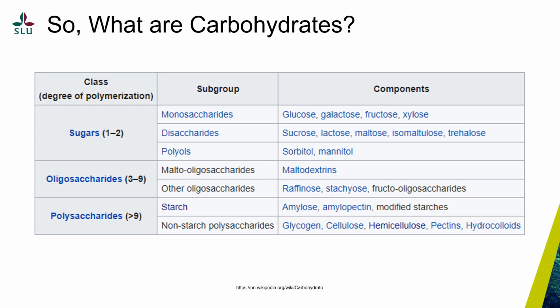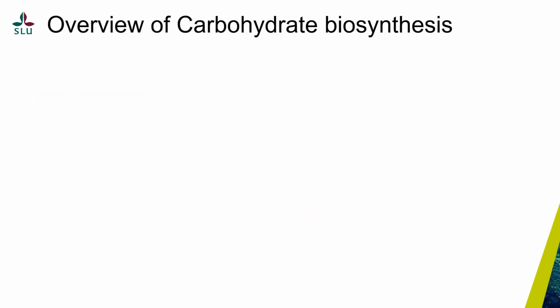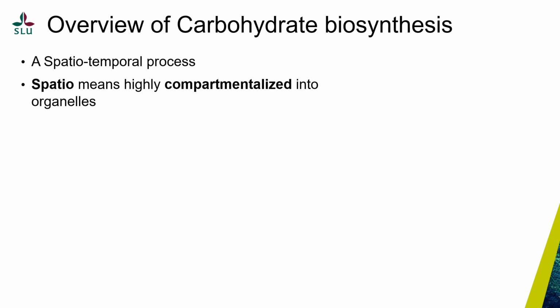So moving on, carbohydrates are synthesized in plants. The synthesis of carbohydrate is a spatiotemporal process, which means that it is highly compartmentalized into organelles. There are specific plant cell organelles which synthesize carbohydrates.